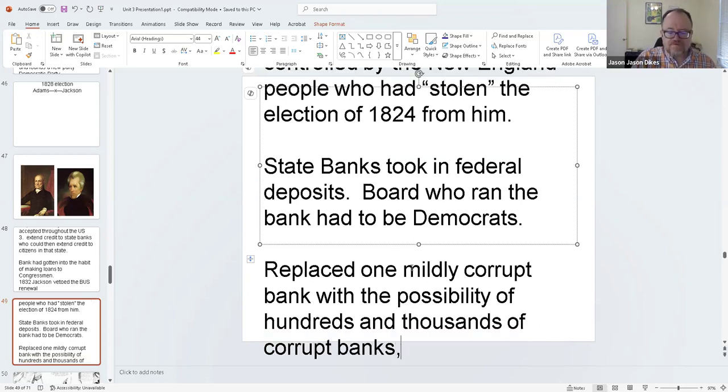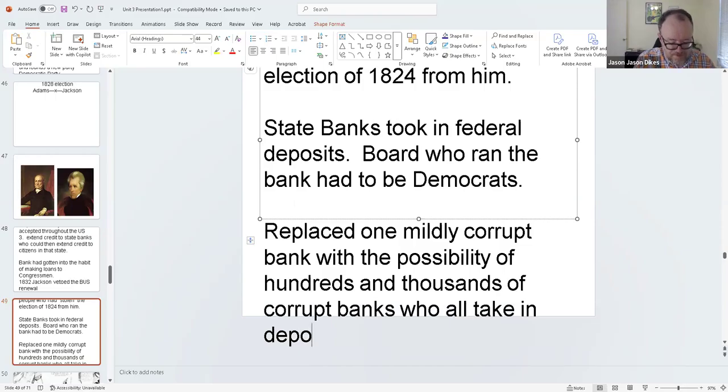We could have fixed this one mildly corrupt bank with a simple piece of legislation, but instead, we're just going to open up the possibility of creating hundreds, if not thousands, of corrupt banks who all take in deposits and who all print money.